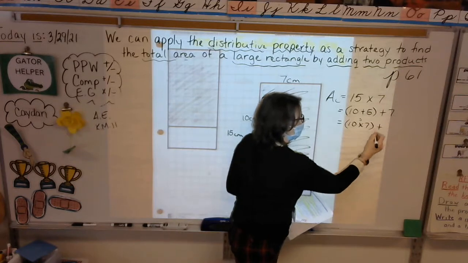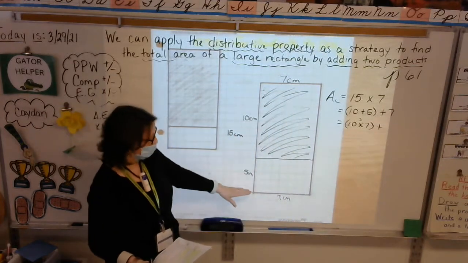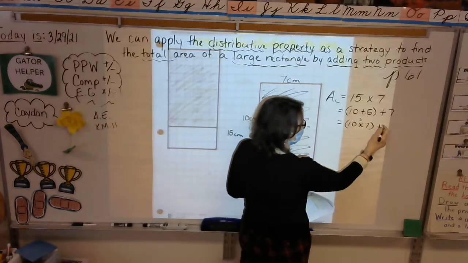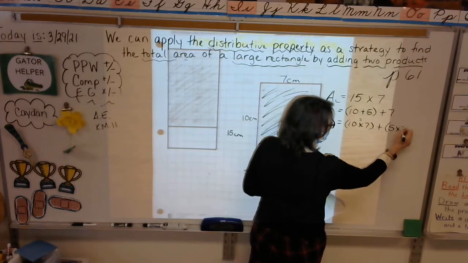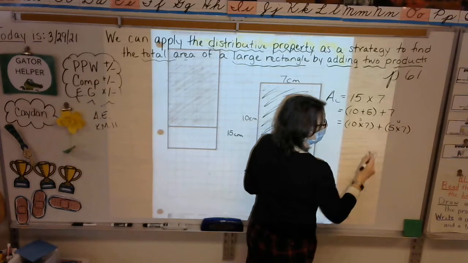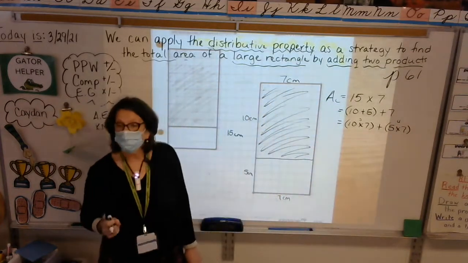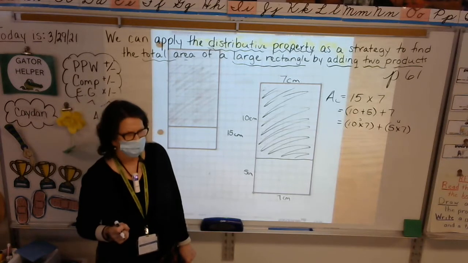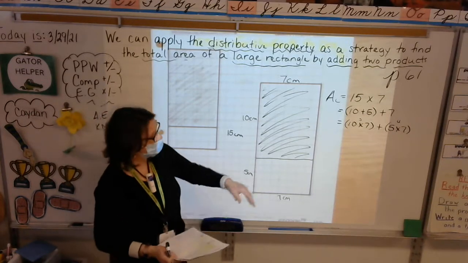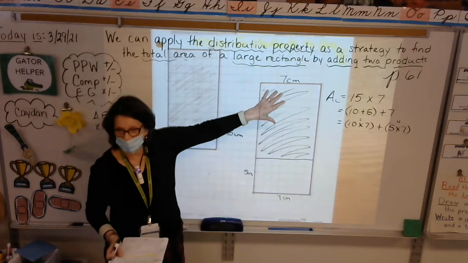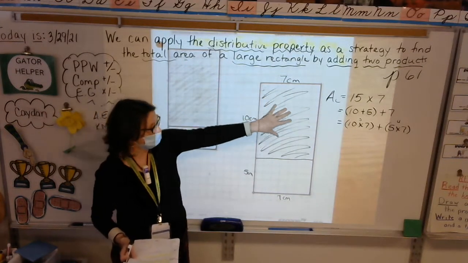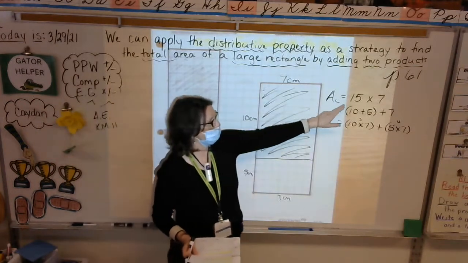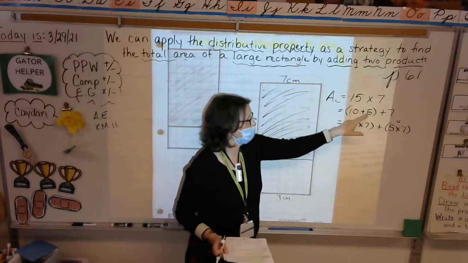To that, I'm going to add the area of the unshaded, which would be 5 times 7. So I'm taking my 5 and multiplying it by 7. And I'm going to put a U above that for unshaded. Does everybody see how these expressions relate to my rectangle? 10 times 7 represents the top, 5 times 7 represents the bottom. I went from 15 times 7, I decomposed the 15 into 10 plus 5.